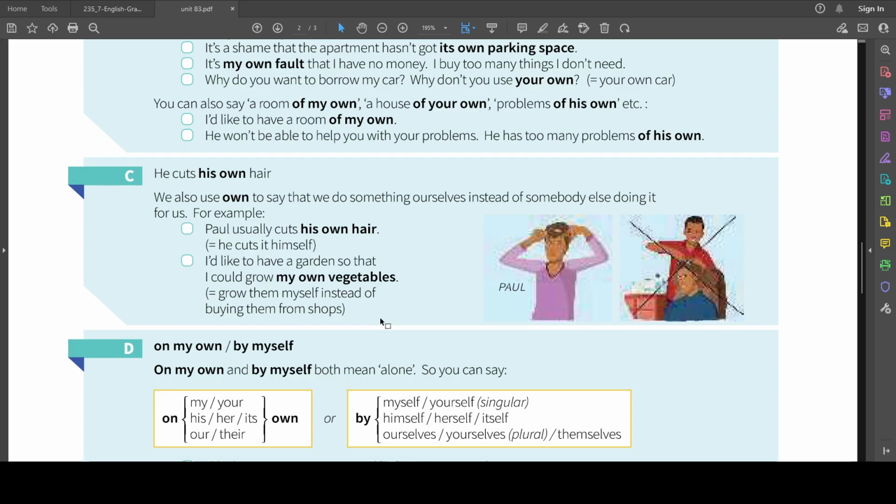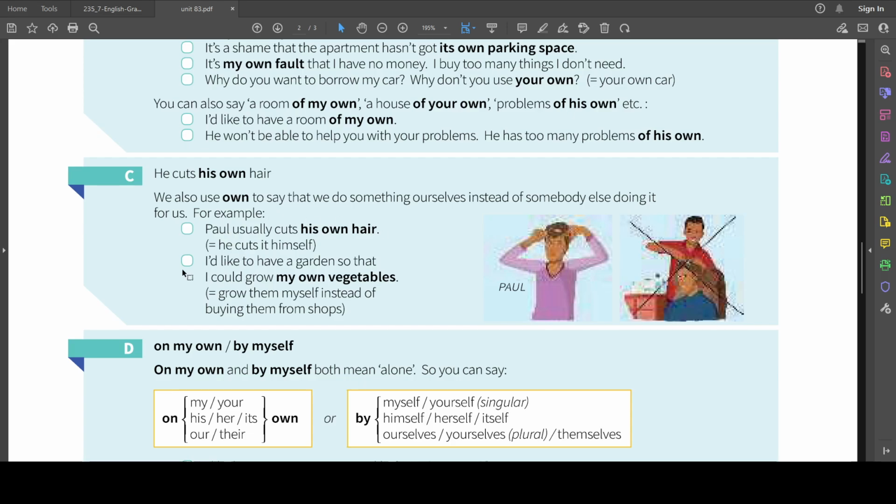Next one. We also use it to say that we do something ourselves instead of somebody else doing it for us. For example, Paul usually cuts his own hair. We are talking about Paul cutting his hair by himself. Okay.